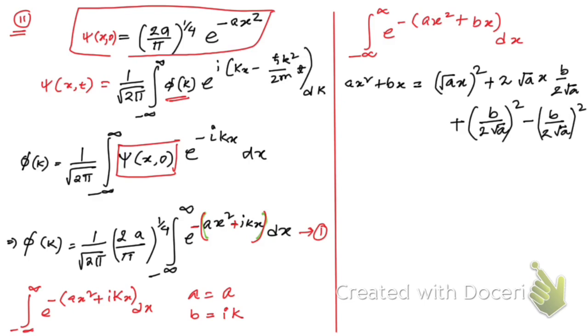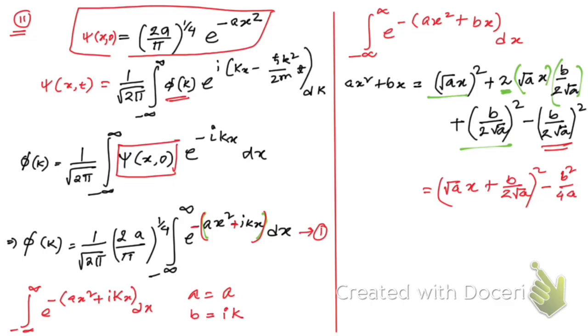So here we can write a plus b whole square, that means root over a x plus b by 2 root a whole square, and squaring this we get b square by 4a.